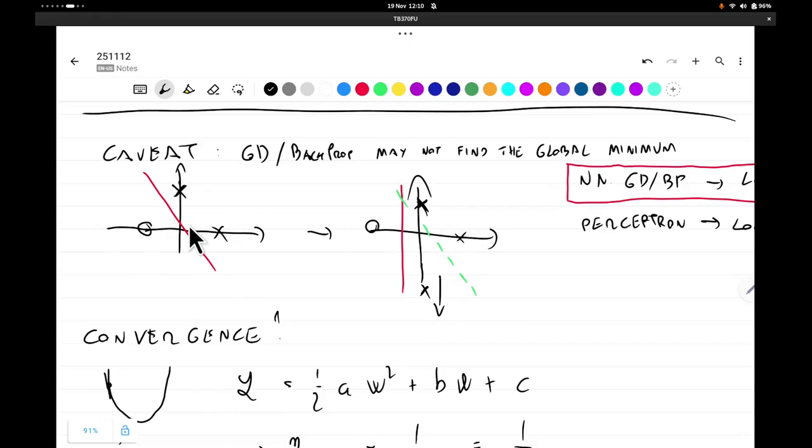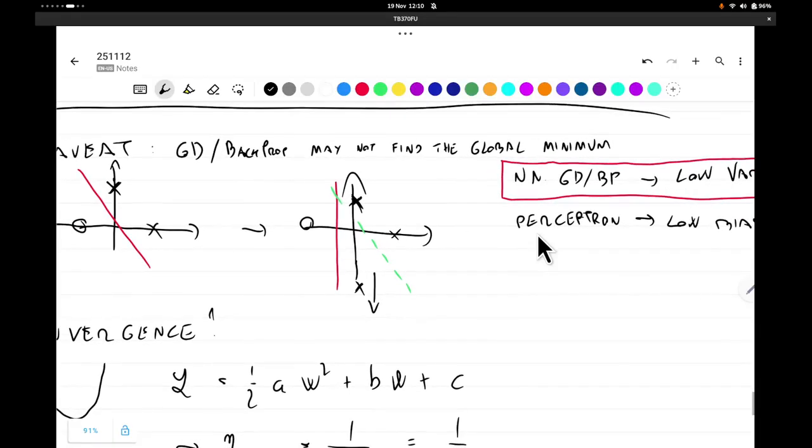And this could be found by a global minimum algorithm, the one behind the perceptron. I didn't go into the detail, but they say that it always finds this kind of solution. If there is a linear separator, it will always find it.